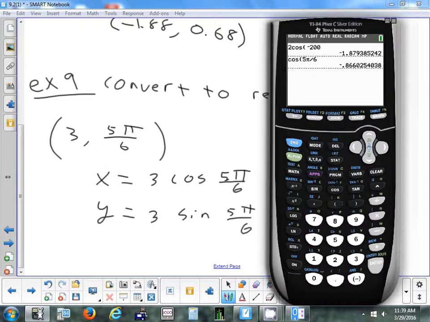Okay. What is that number? You forgot the 3. Yeah, I did. I didn't put the 3 in yet. So what's negative 0.866? No, what's equivalent to negative 0.866? It's a square root. 3.